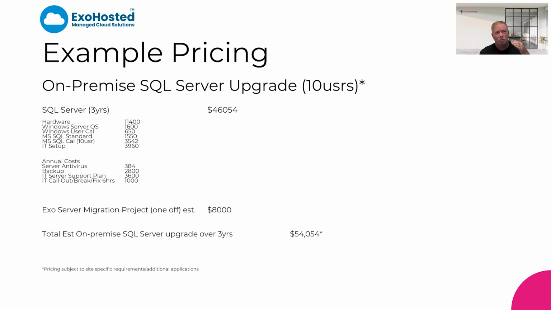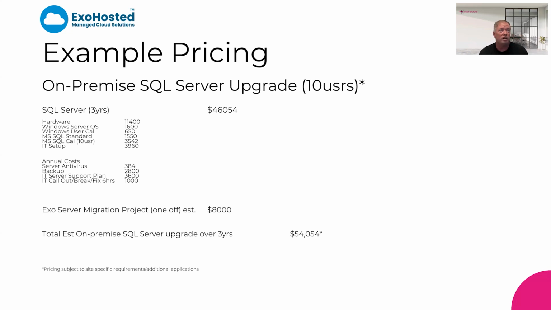But of course, during that process, you still need to have an Exo migration project to shift the software or shift the database. They could be anywhere from sort of $5,000 to $8,000. So over the 3 years, you're potentially somewhere around the $50,000 mark.